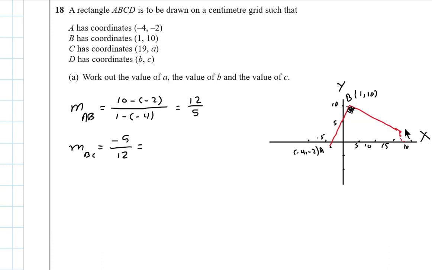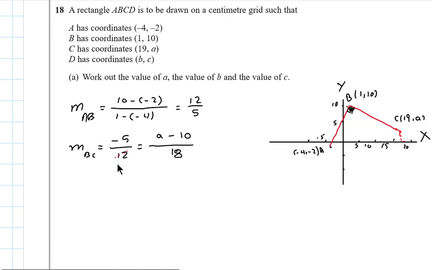And at the same time, we know that C has the coordinates 19 and a. Calculating the gradient of BC, y2 minus y1, a minus 10 divided by 19 minus 1, which is 18. And by cross multiplication, we can find the value of a.